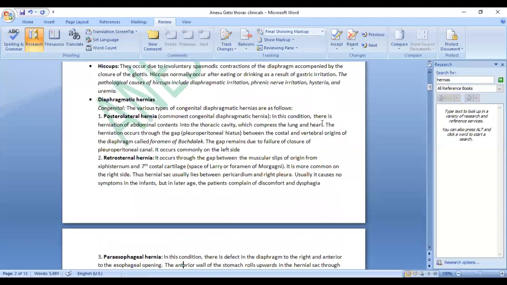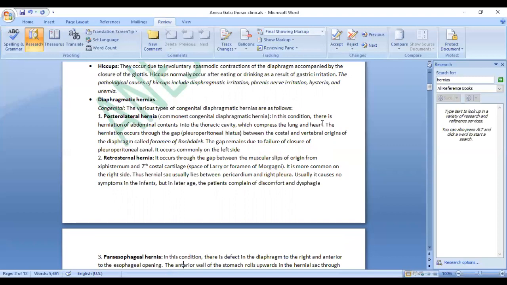Then you have what you call diaphragmatic hernias. In diaphragmatic hernias, you have acquired diaphragmatic hernias that occur in postfetal life, and then you have congenital hernias that are a result of embryological or early life malformations.